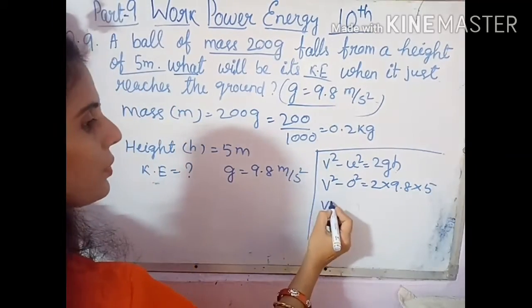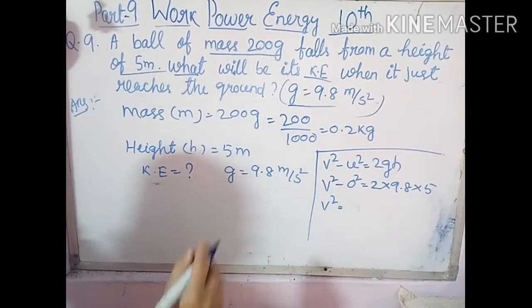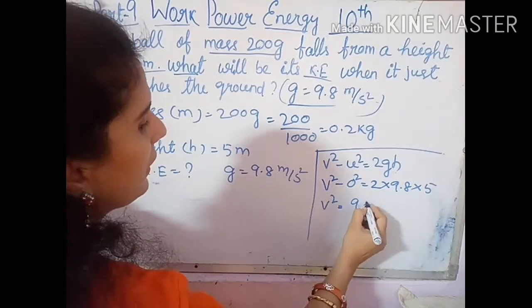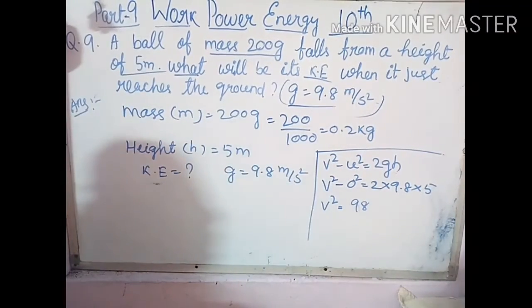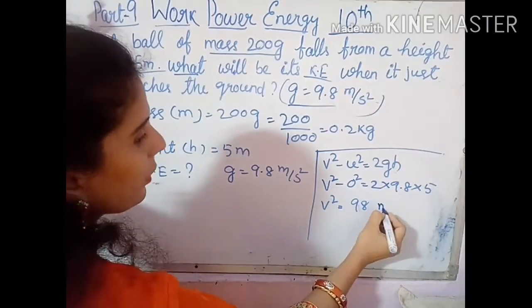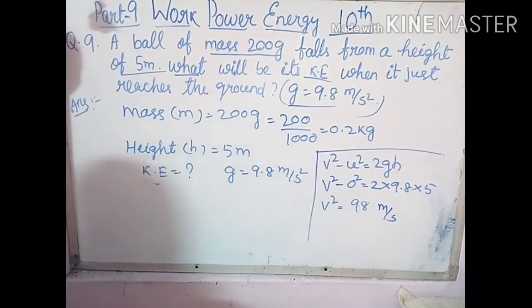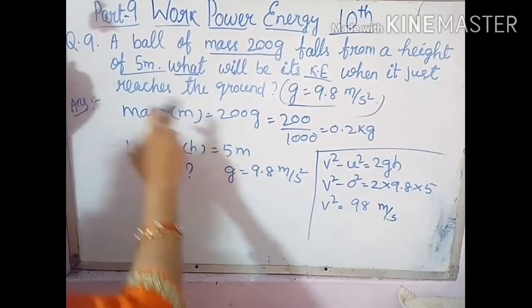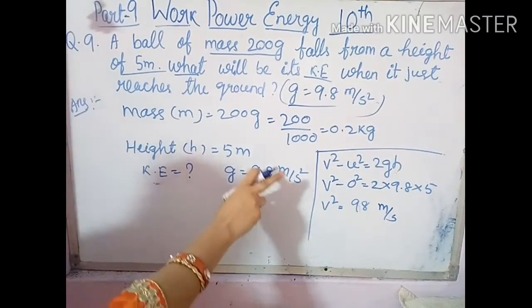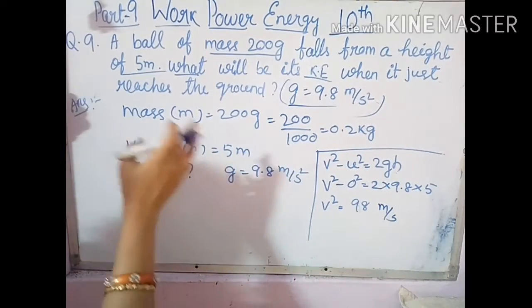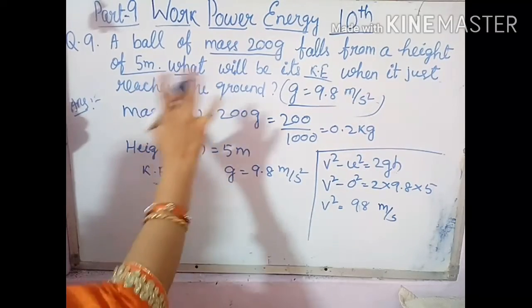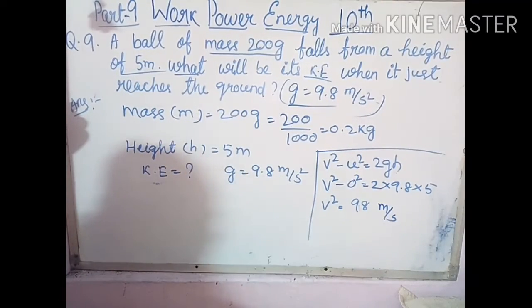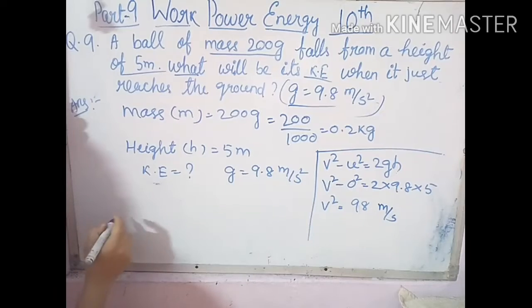So v square is 98 meter per second. Now no need to calculate v because it is not asked. I have done the same problem before, where it was asking about v, but here it is not asking, so you can keep it like this.